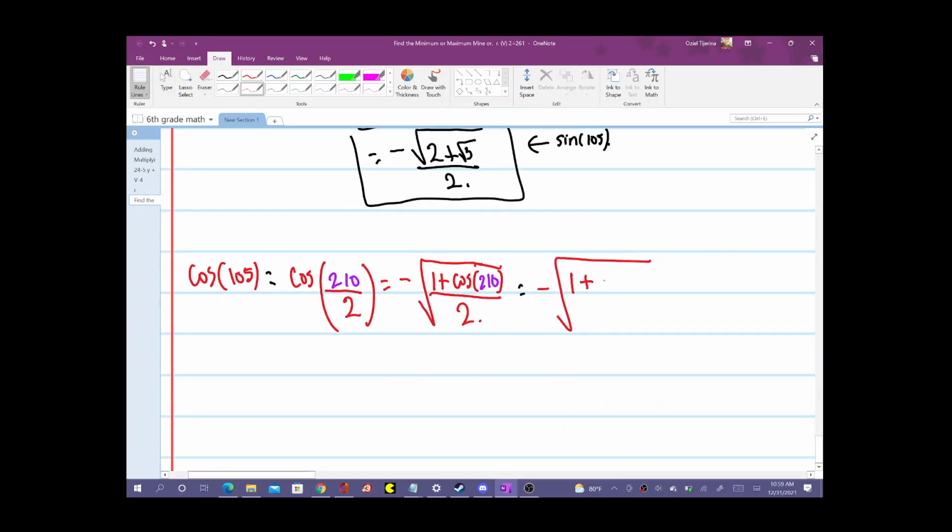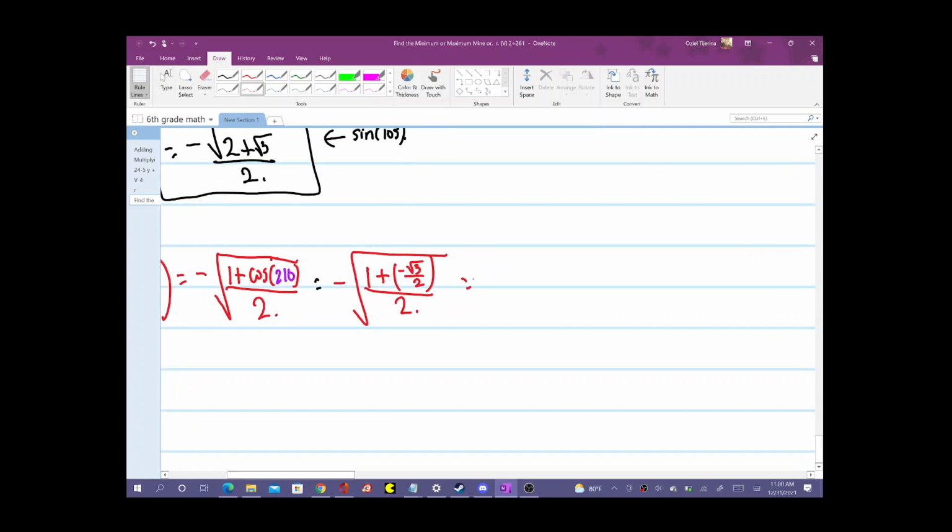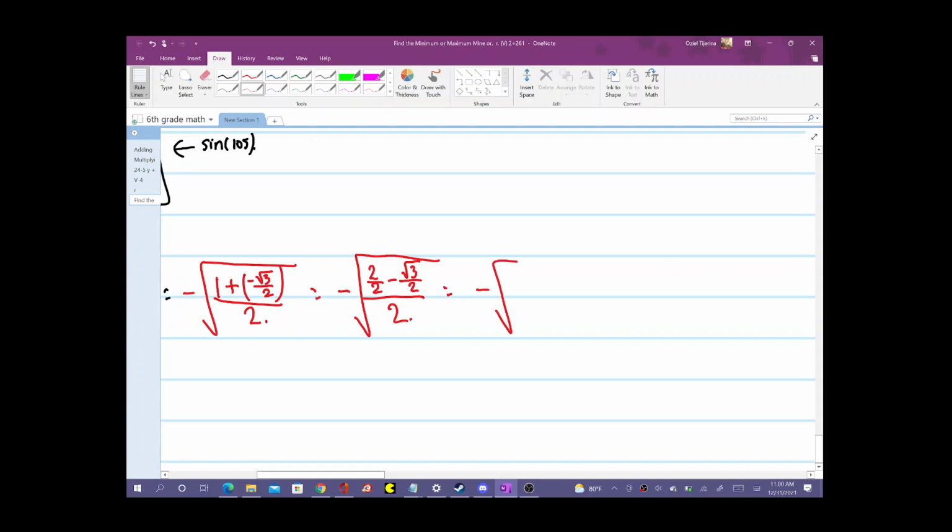But it's plus this time, so plus negative square root of 3 over 2 all over 2. So then this becomes negative the square root of 2 over 2 minus square root of 3 over 2 all over 2. This becomes negative the square root of 2 over 2 minus, so it's going to be 2 minus the square root of 3 all over 2.